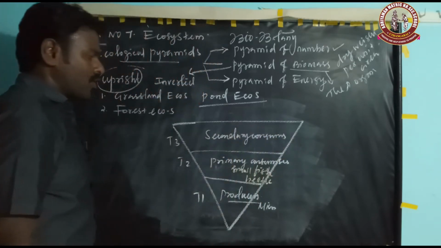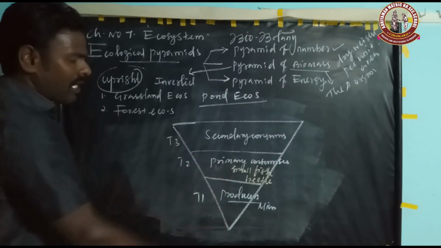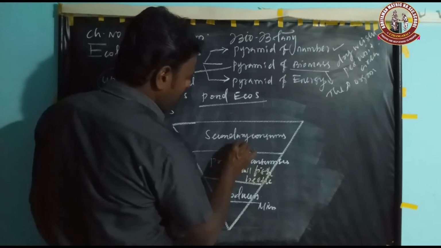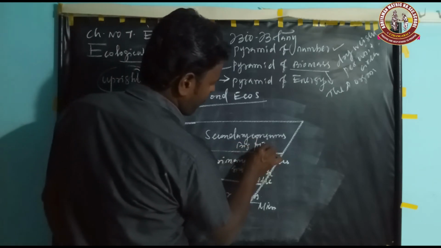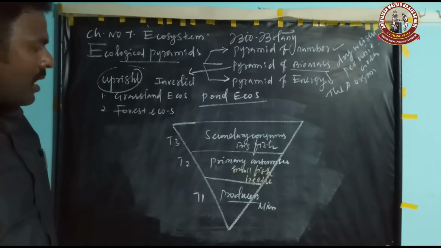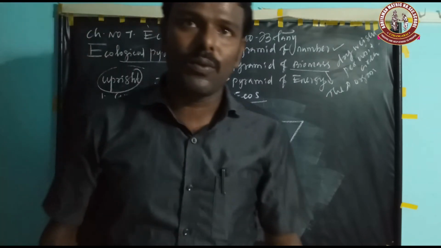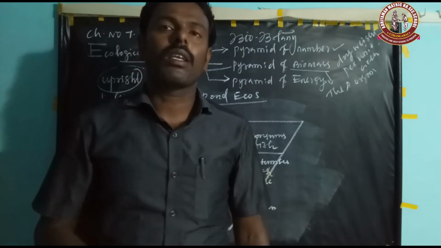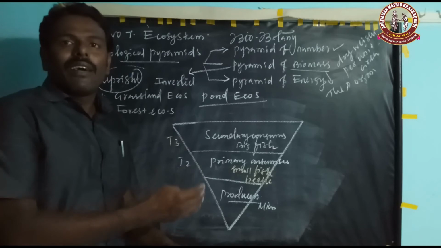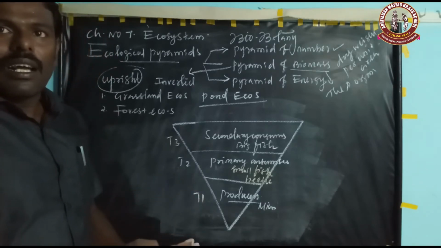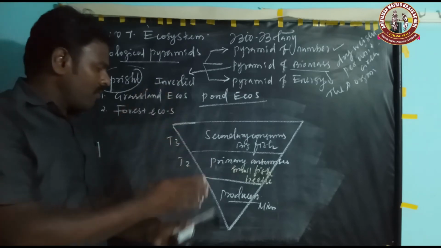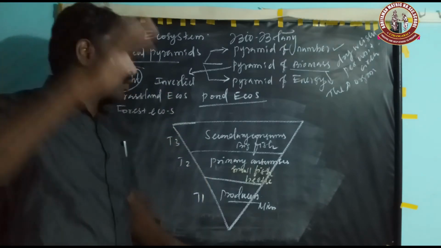The secondary consumers that feed from the primary consumers, the number is very less. For example, these are fed on by big fish. Big fish that feed from the primary consumer. So therefore, you see that at each level of this, the volume gradually increases toward the tip.